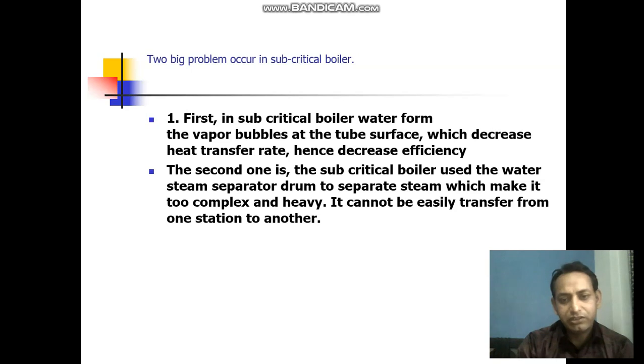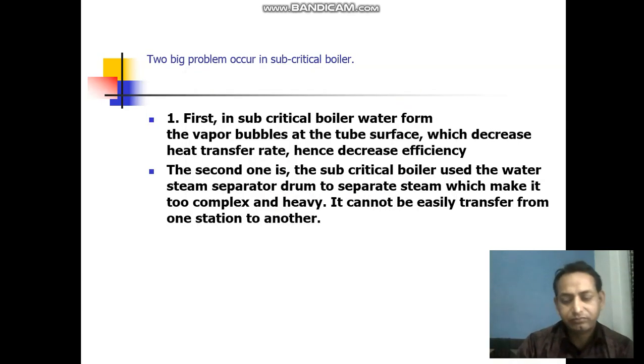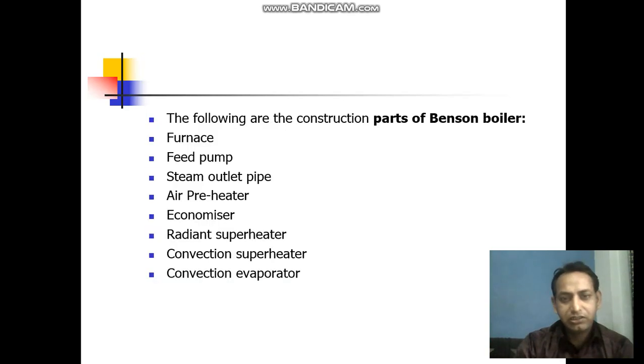The second drawback of subcritical boilers is that big steam separating drums have to be utilized for separating the steam from the water, and these separating drums are very difficult to handle from one location to another.